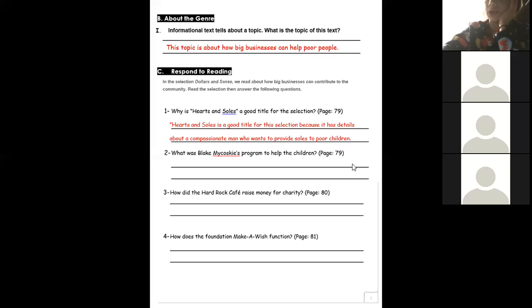What was Blake Mycoskie's program to help the children? What was the program? What did he do to help the poor people? Mycoskie. What did he do to help the poor people? How? Which way?